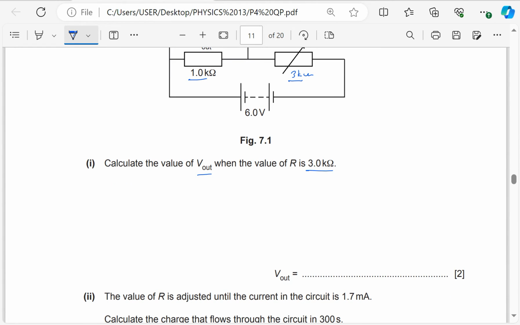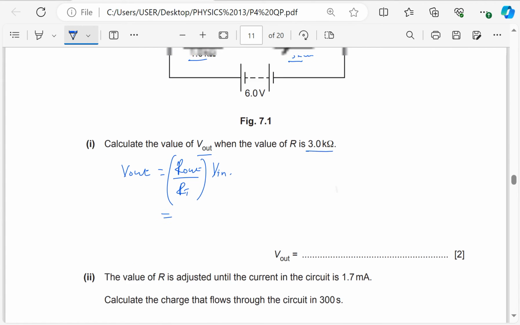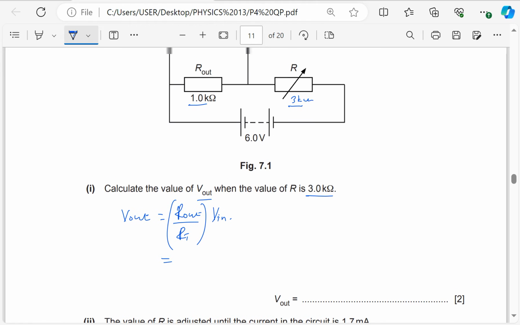So V out, using the potential divider formula, is R out over R total, times the voltage supply or V in. So R out, we are measuring across.